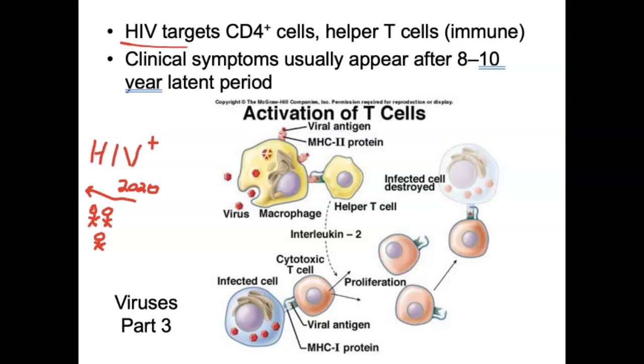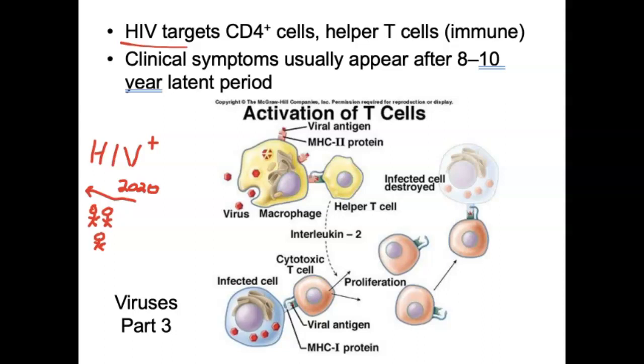Obviously, we have millions of people worldwide that are HIV positive, millions of people that have progressed to AIDS and died. So the goal is trying to figure out, how do we prevent these things? How do we stop these viral infections and help people live healthier and safer lives?